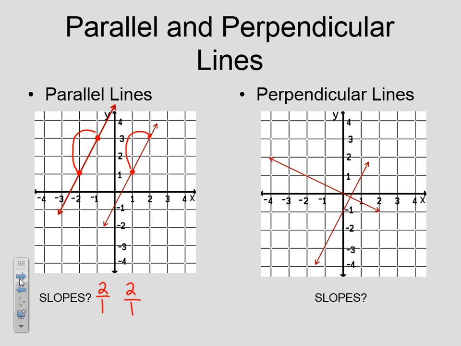Okay, perpendicular lines, different situation, same idea though. If we look at the first line, and I were to choose a couple nicer coordinates here on this line, and I were to count the slopes, this one goes down 1, so it's a rise of -1 over 2, so -1 over 2.